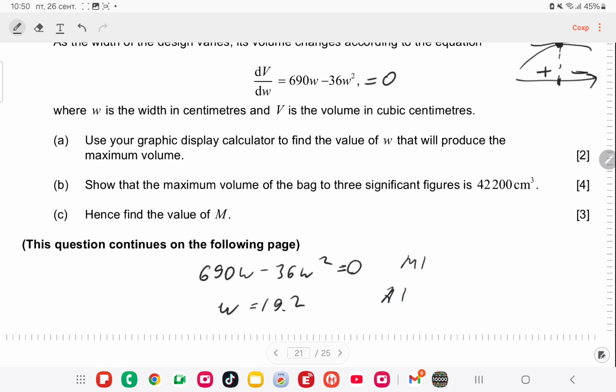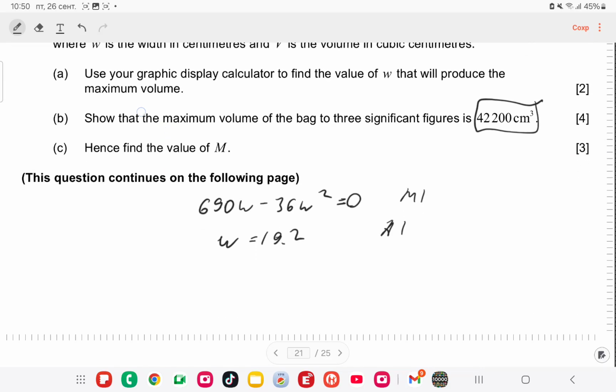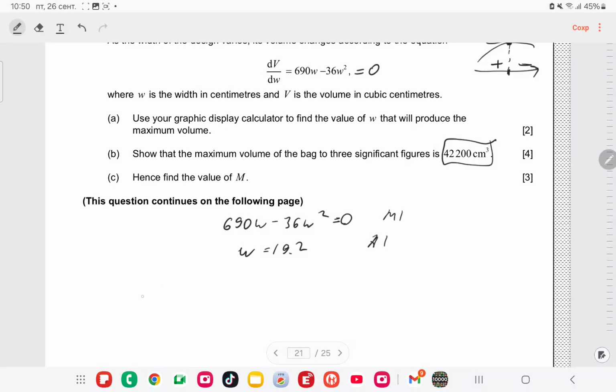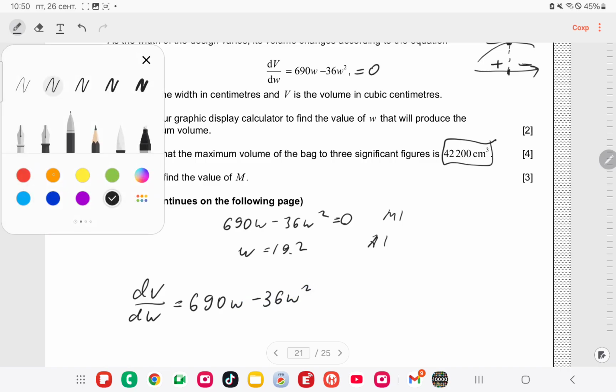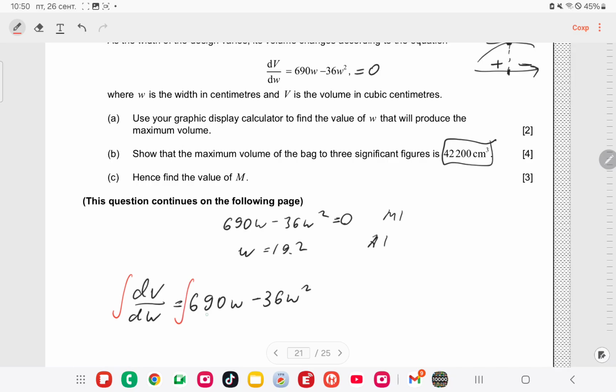Now, the second part: show that the maximum volume of the bag to 3 significant figures is that much. How to show? We can integrate. We have dV/dW equal to this expression, and now we integrate both sides.